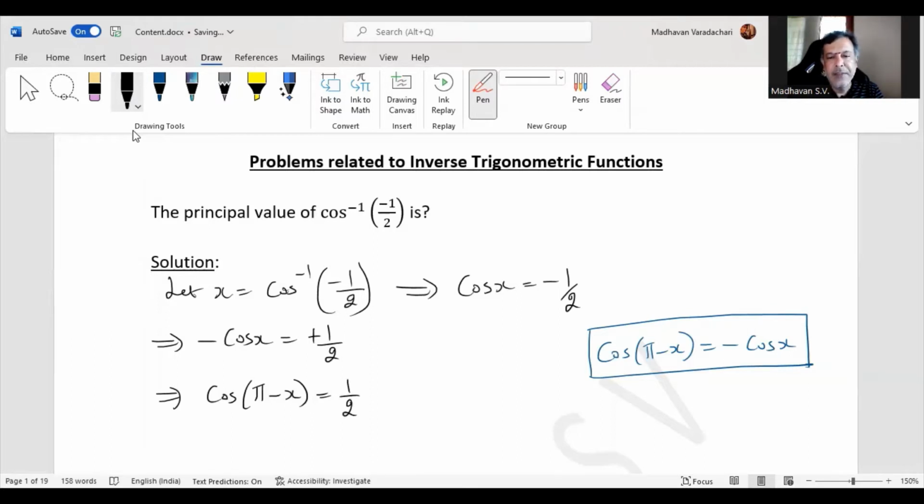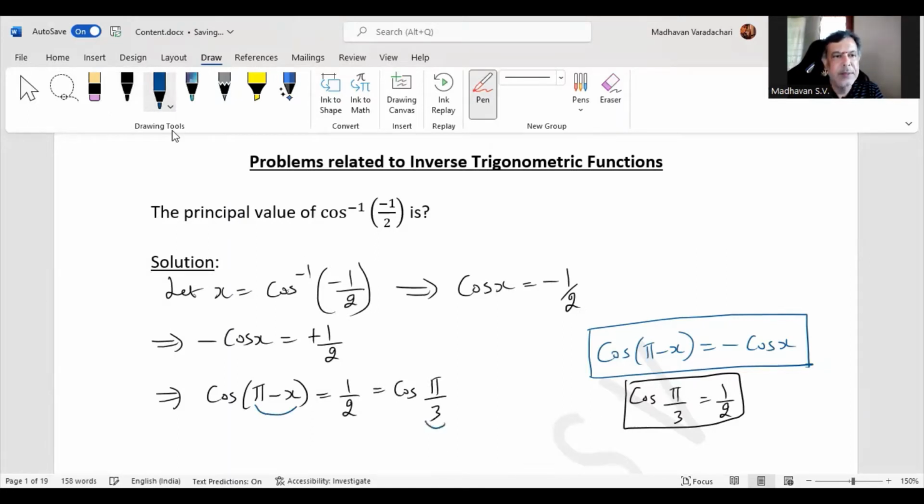Now, cos of pi by 3 is nothing but 1 by 2. So again, this will be equated to cos of pi by 3. That means now we can equate this with this.